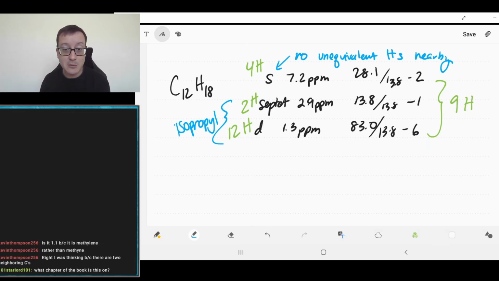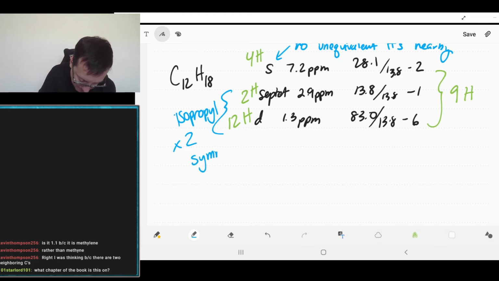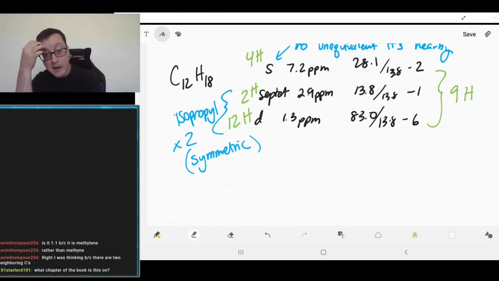And since we have 2 of all these, we probably have 2 isopropyl groups. They have to be related by symmetry because they're showing up in exactly the same places. So we have 2 isopropyl groups in this molecule, and there's some symmetry there. How do we know there's symmetry? We know that 2 hydrogens and 12 hydrogens, one isopropyl group is 1 and 6, right?